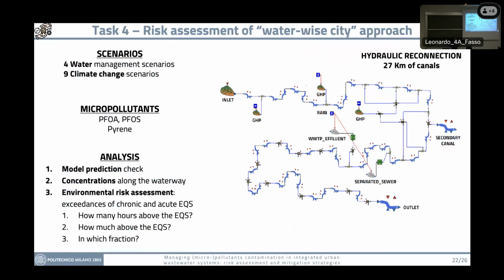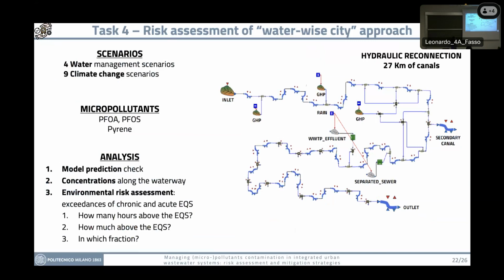And with this work, we performed different analyses. At the beginning, we checked the prediction of the model in the baseline situation, and we looked at the concentrations in different points of the system, of the canals. And for the risk assessment, we calculated the chronic and the acute risk that derives from the European regulation and the environmental quality standards.